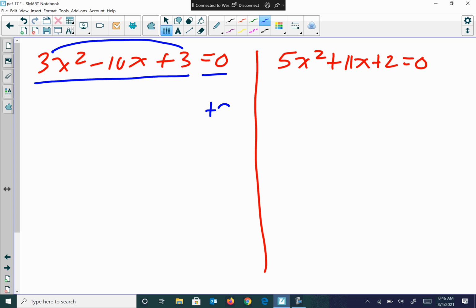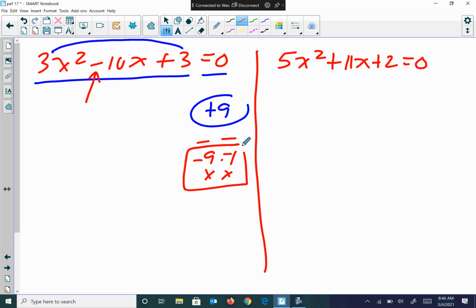I'm going to get a positive 9. What do you know about that, though? 9 times 1. Both negative. 9 and 1. I like it. Negative 9, negative 1, x and x. We got right there. All right, so I get 3x squared in whatever order you want. So I'm going to go minus 9x minus 1x plus 3.